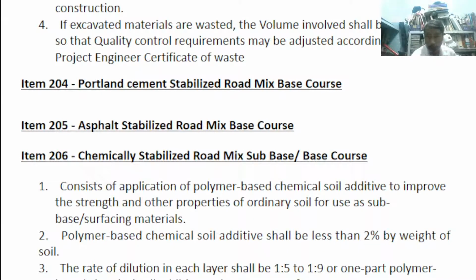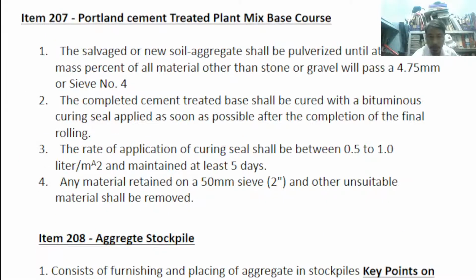That is what we mean by dilution. The rate of dilution is 1:5 to 1:9: 5 parts water, 1 part chemical. And next, number 4.